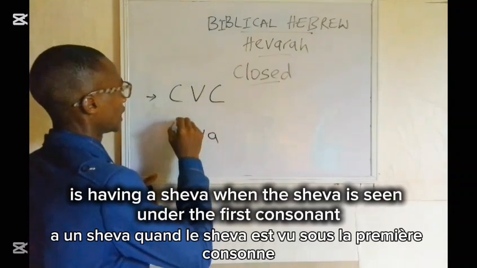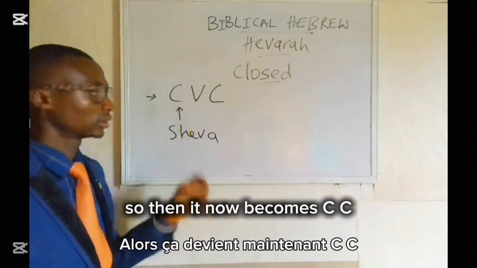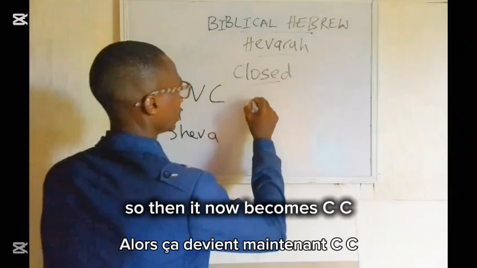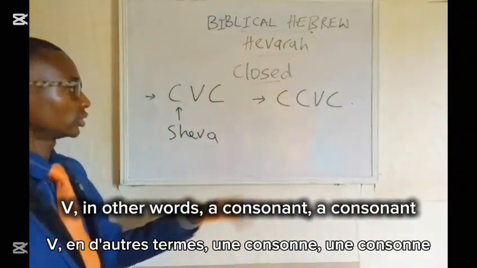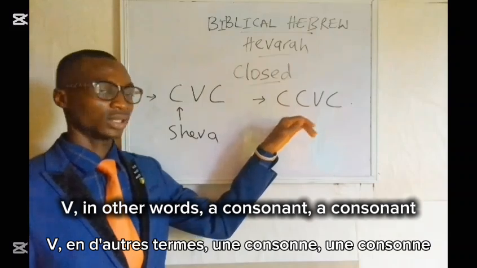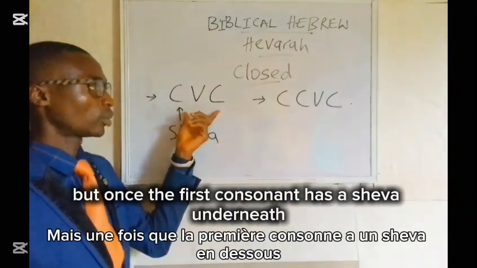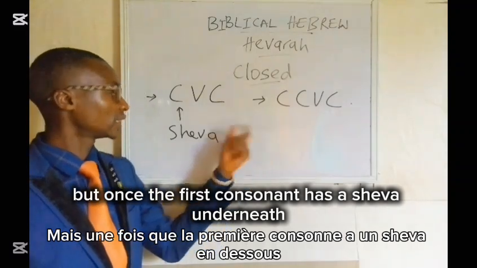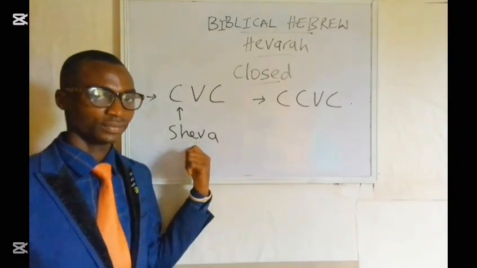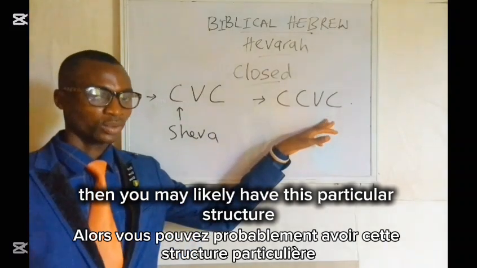When sheva is seen under the first consonant, it now becomes CCV. So usually you have this way, but once the first consonant has a sheva underneath, then you will likely have this particular structure.